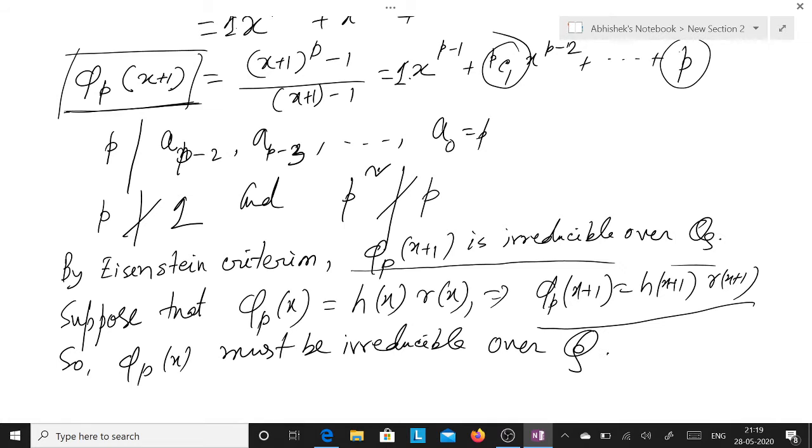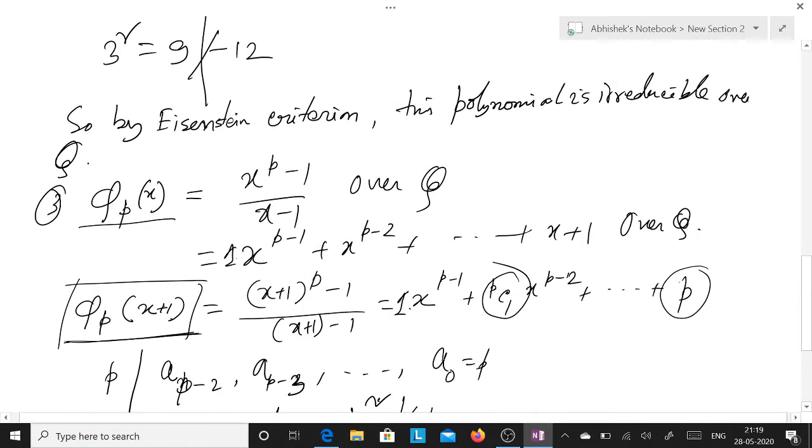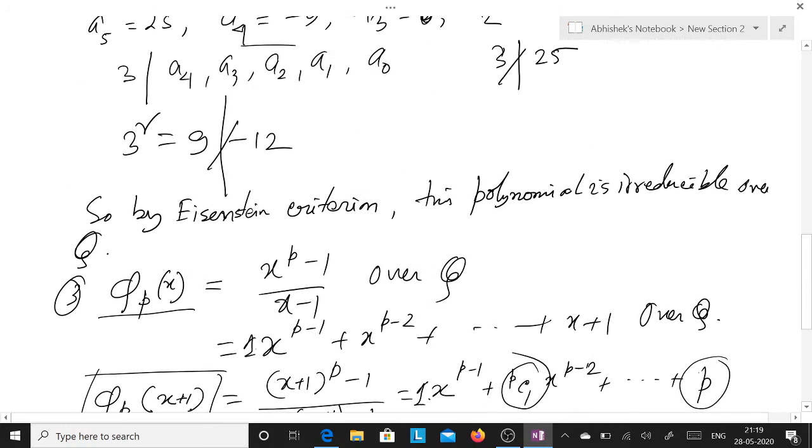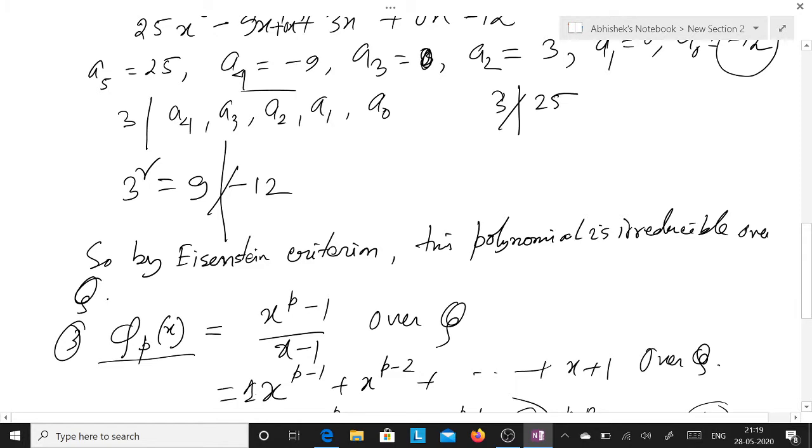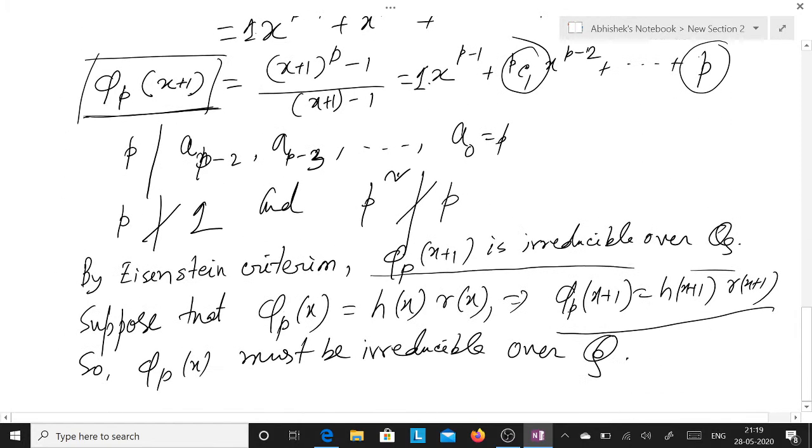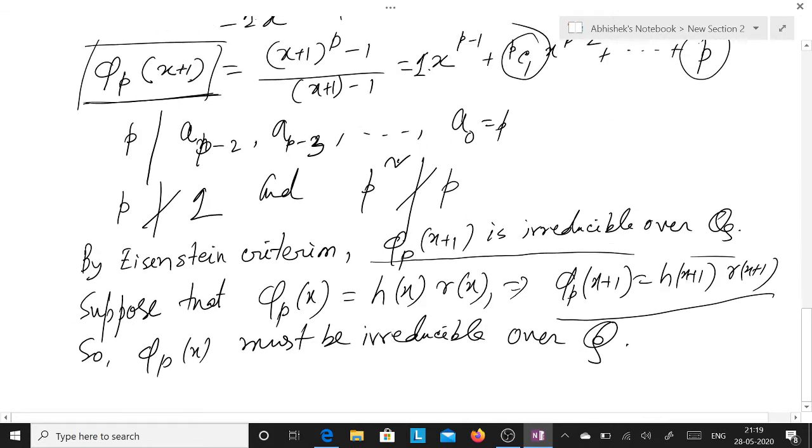So I hope you will enjoy this session, and you can use this criterion to check the irreducibility of many polynomials over Q. This criterion is very useful in many cases. It is a very important criterion, and you need to have a deeper view of it to check the irreducibility of polynomials.